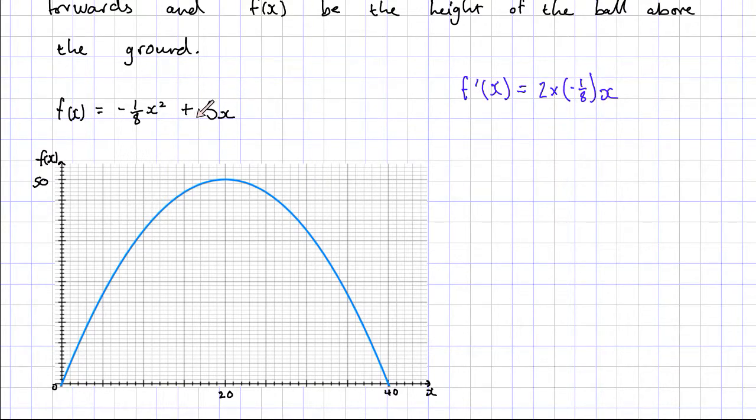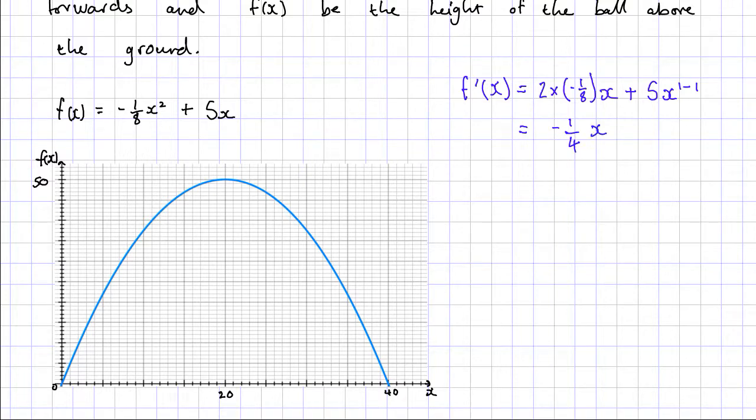So the 1 is going to come down. 1 times 5 is just 5. So I'm going to have plus 5 and then x to the power of 1 take away 1. Now if I simplify this, 2 times minus 1/8 is going to be minus 1/4. So this is going to be minus 1/4 x.